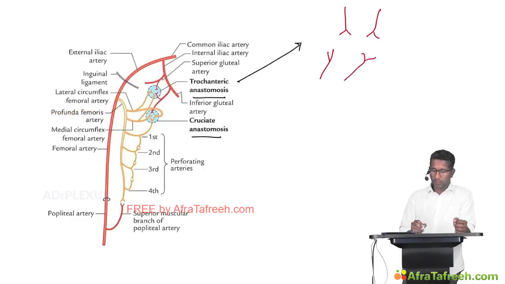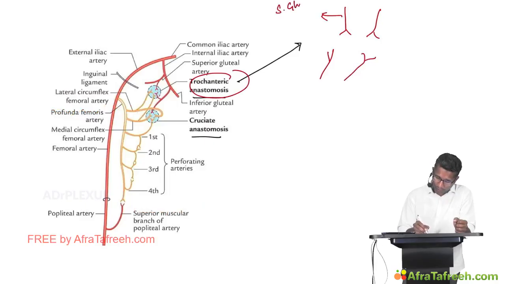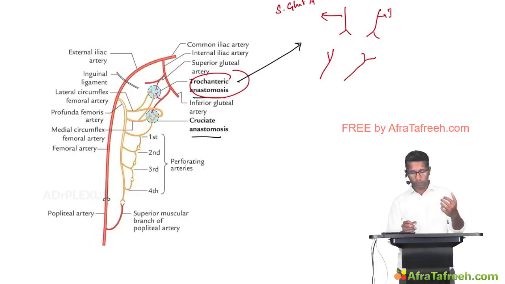So what are the branches which contribute to the trochanteric anastomosis? There is a branch from the superior gluteal artery, and a branch from the inferior gluteal artery contributes to the trochanteric anastomosis from above.